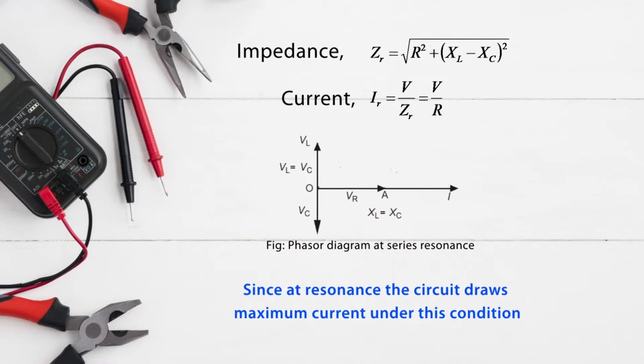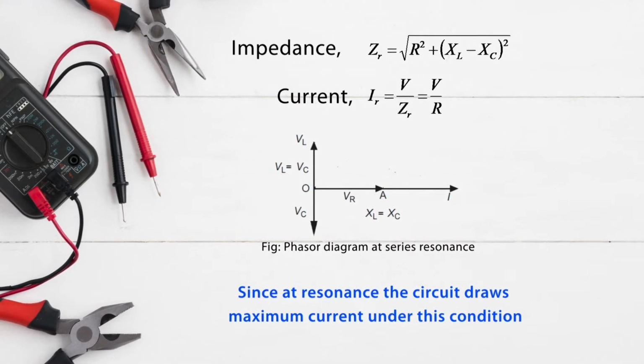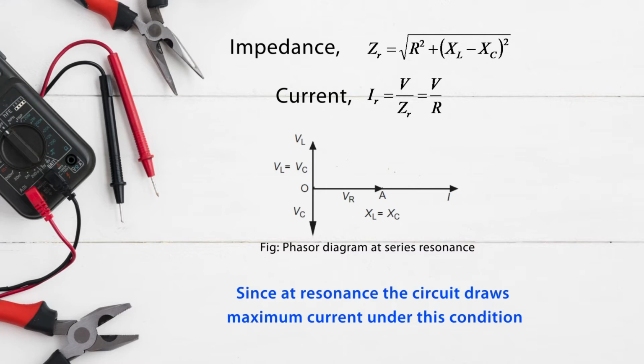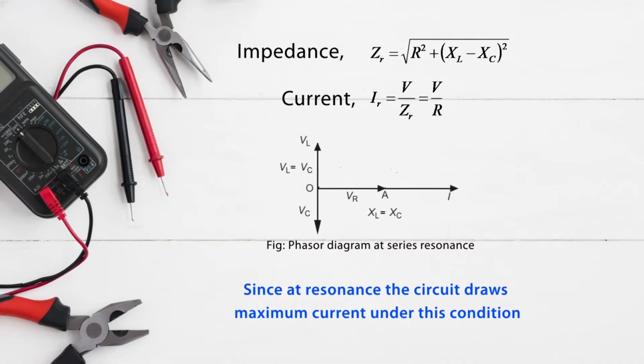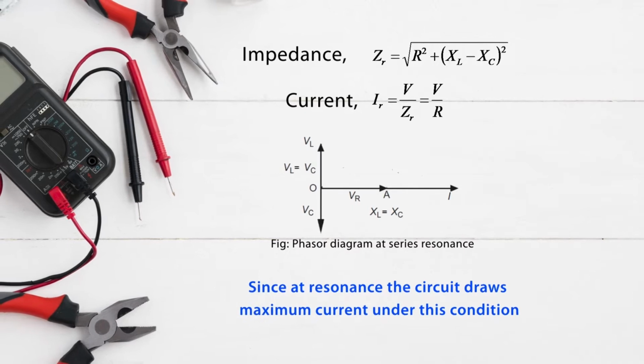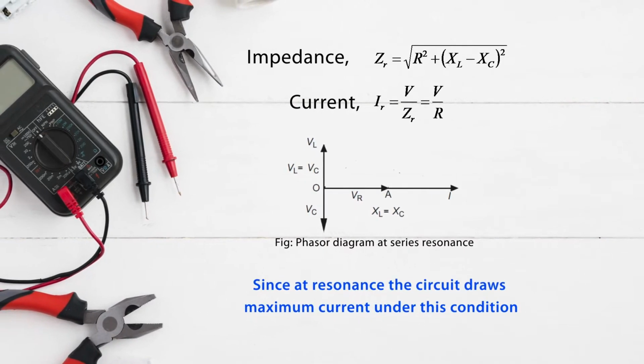If the resistance of the circuit is minimum, current will be maximum, because I is directly proportional to V upon R. So now this R, or you can say this impedance Z, is very less at the time of series resonance. That means current will be maximum.